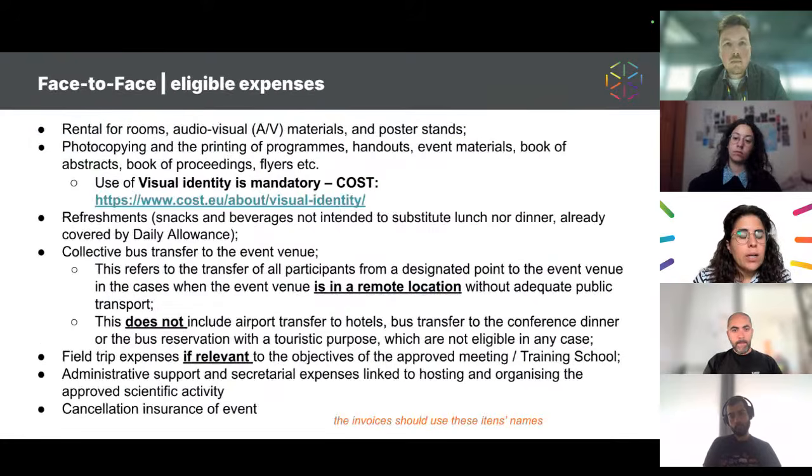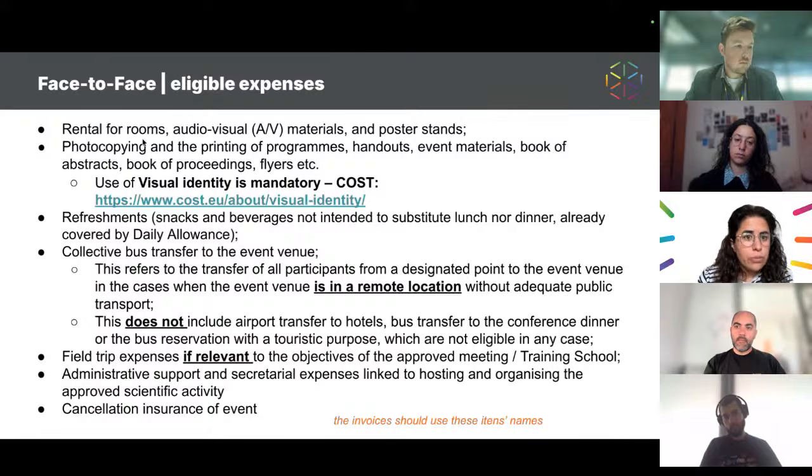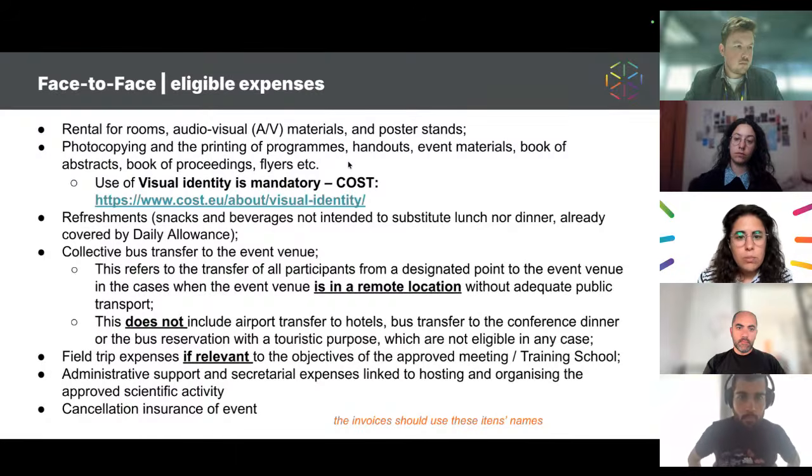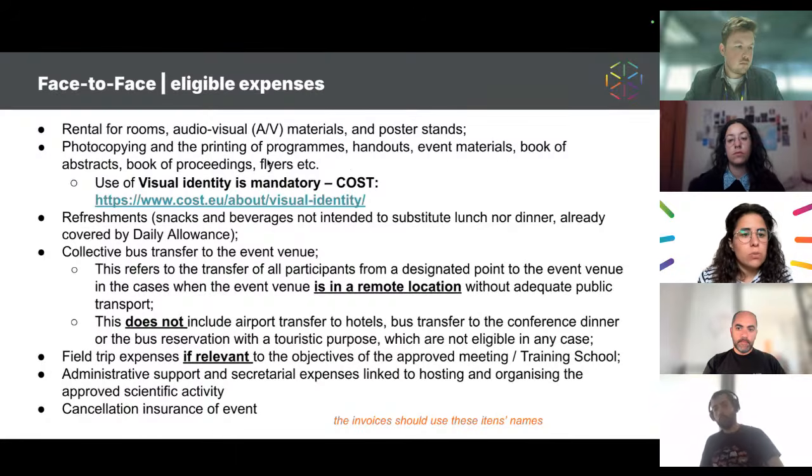So what are eligible expenses that are allocated to host institutions? For face-to-face events: rental of rooms, audiovisual materials, poster stands, any type of printing such as programs, handouts, materials, book of abstracts, book of proceedings, flyers.